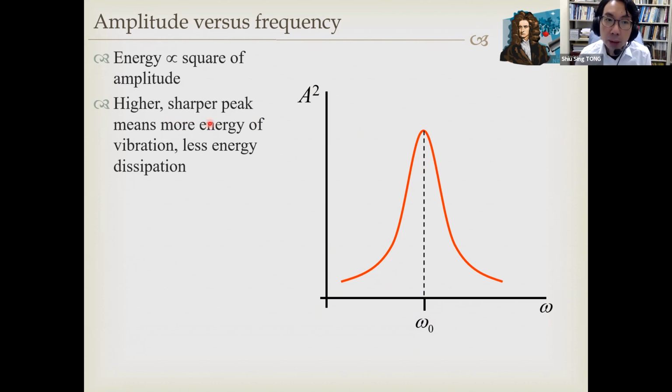Now, if the resonant effect is large, then the peak here will be high, right? It means the system responds to the resonance by shaking very violently. So the higher, sharper peaks mean more energy of vibration and less dissipation in the system.